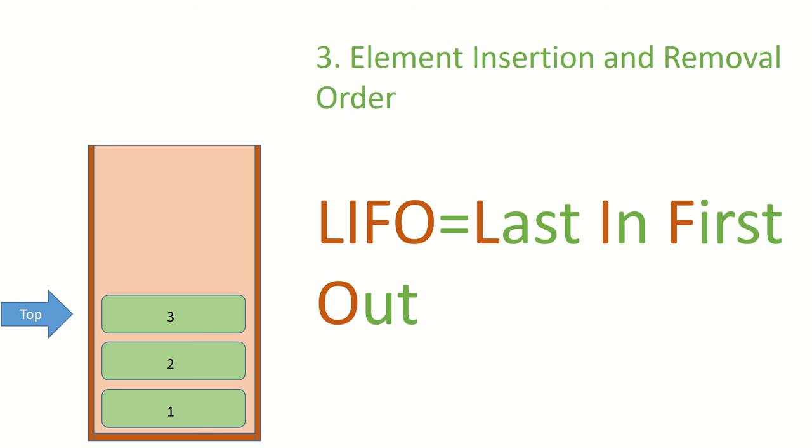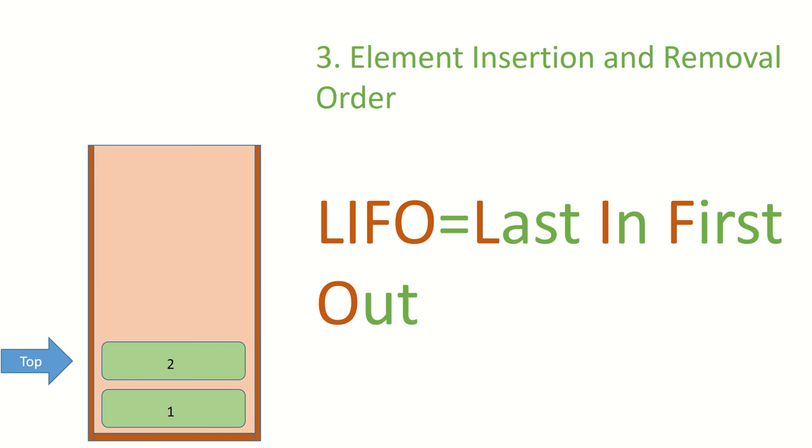So the last in, first out. The last inserted element will be the first to come out. So 3 is the last inserted element, that will be the first to come out. So when you call pop, 3 will get removed and top will point to the next last inserted element.